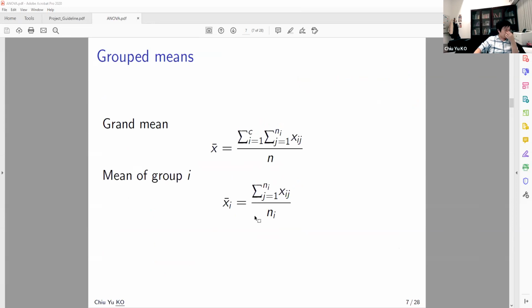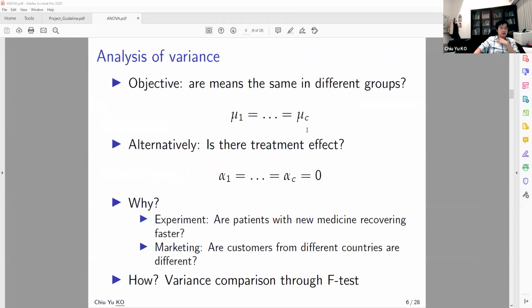For the next few slides, we just give you some definitions, and that will tell you how to test this. I don't think we have time for the proof. We'll talk about the proof next class, but this is the null hypothesis. They all have the same mean, and we want to see whether they are different. Recall that with two groups we had the t test.